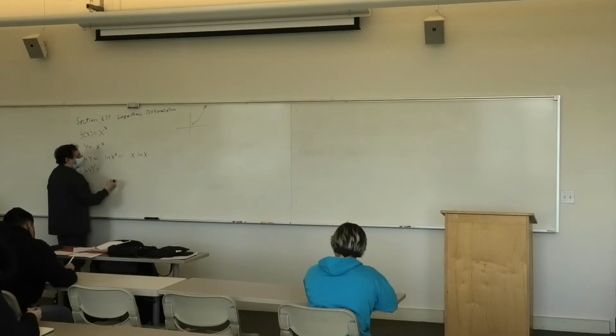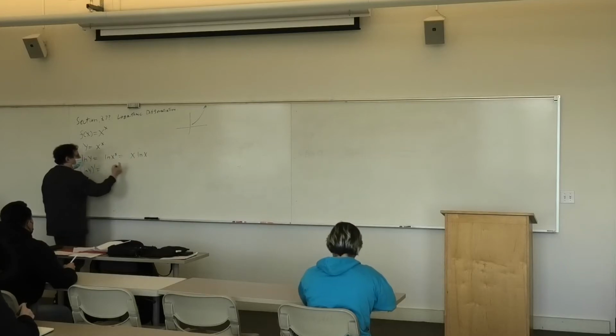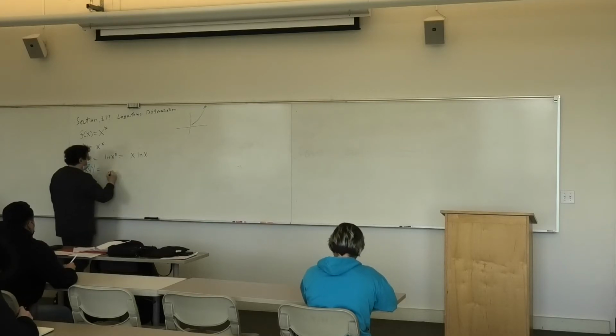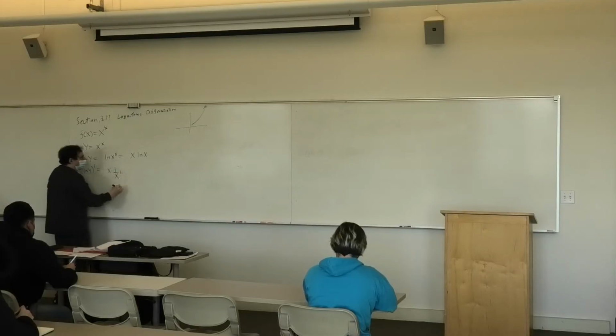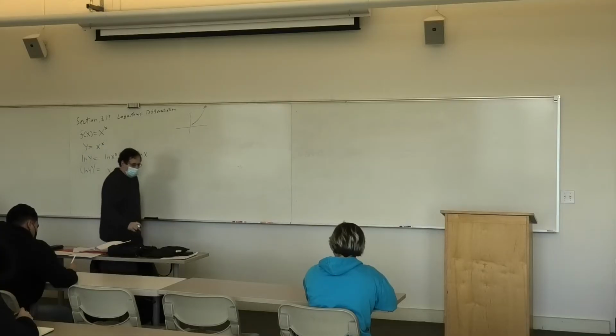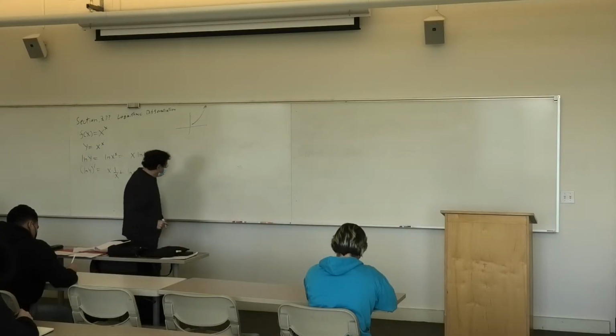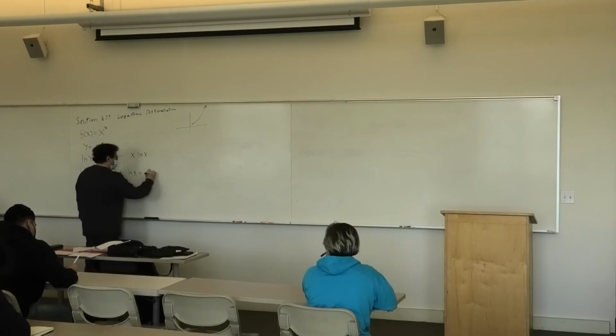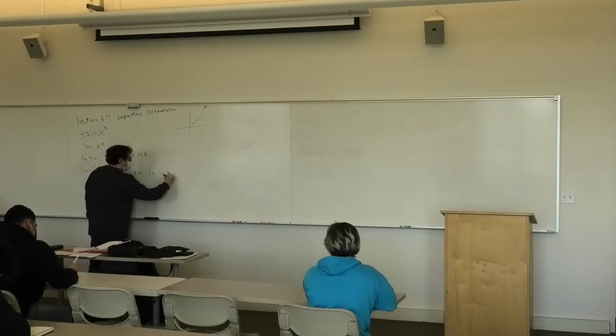We could use the product rule. x times the derivative of the log of x, that's x times 1 over x, plus the log of x times the derivative of x, which is 1. Well, that's just 1 plus the log of x.